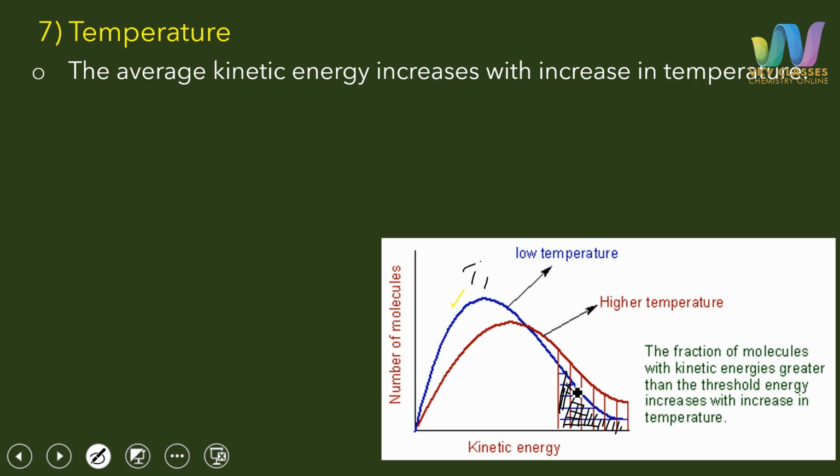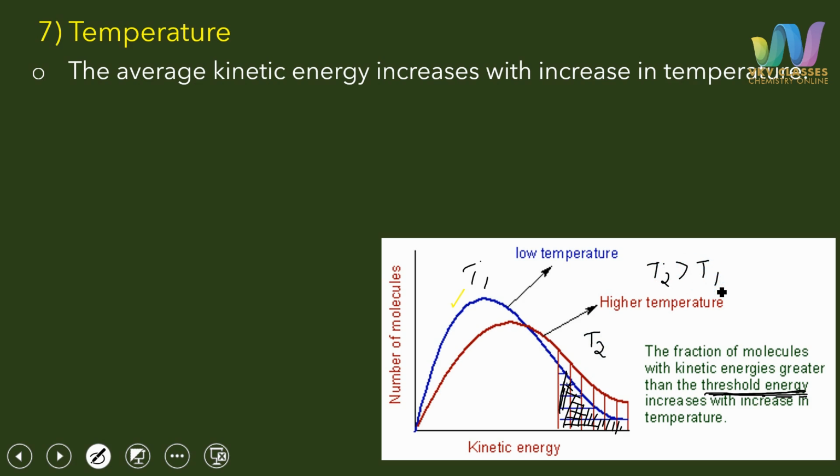The minimum energy required for any reaction to take place is called the threshold energy. Only those molecules which possess the threshold energy will take part in the reaction. This shaded area represents the fraction of molecules having threshold energy. The graph that is drawn in red ink is at a temperature T2, and T2 is greater than temperature T1.